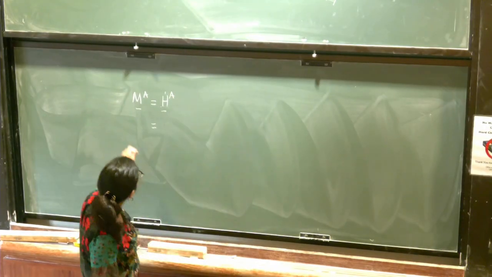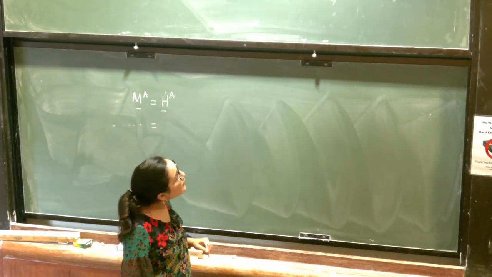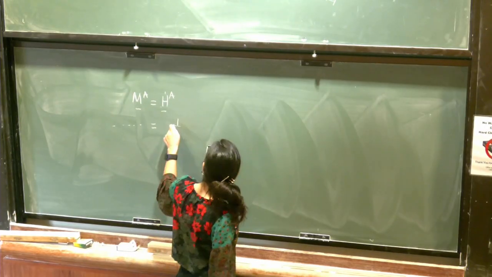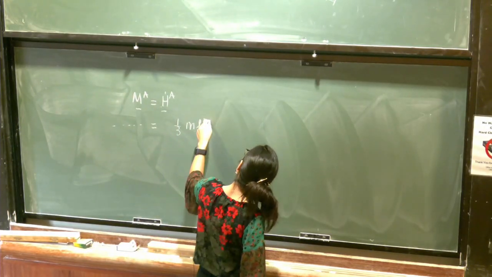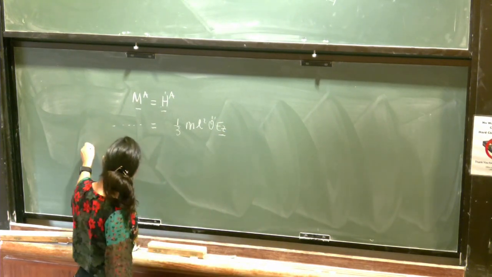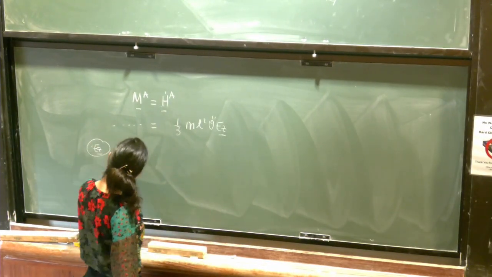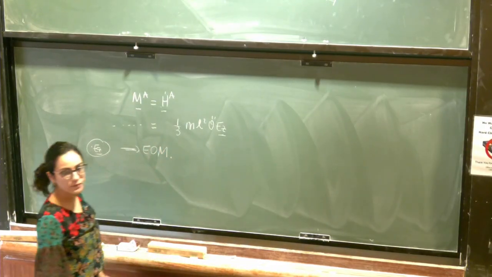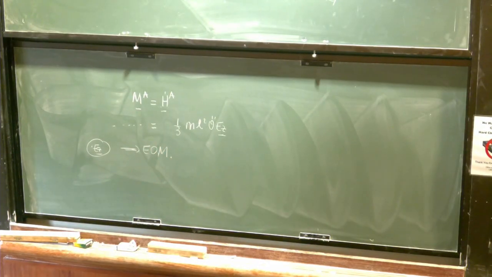I will not copy it. And H dot A, here it's just going to be 1 over 3 m l squared theta double dot EZ. So once I project this along EZ, I'll get my equation of motion. It's going to be a differential equation in theta, right?